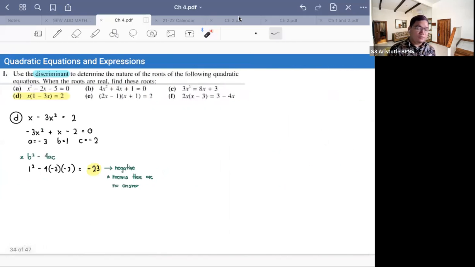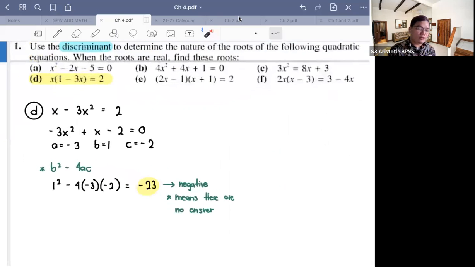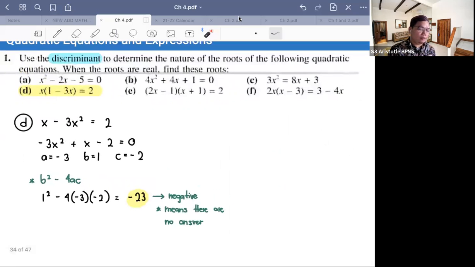All right, and then letter D. Obviously for letter D, we got a negative answer for our discriminant, right? But first of all, how did you get A, B, and C? Because it was written like this, right? So first thing you need to do is to change this question and then rearrange it the same way as letter A, letter B. So you distribute x, so it becomes x minus 3x squared equals 2.